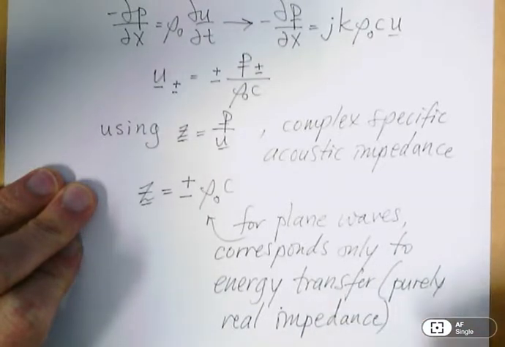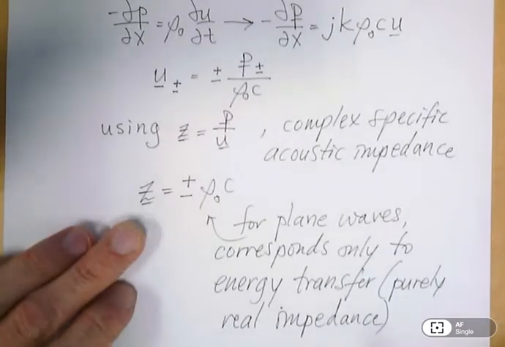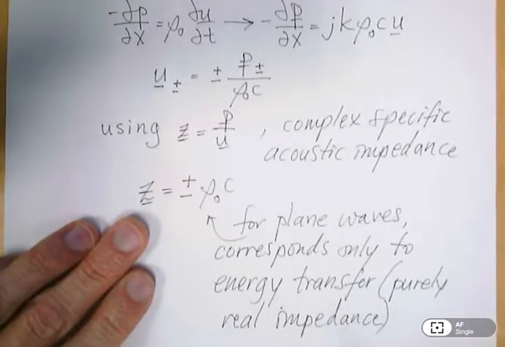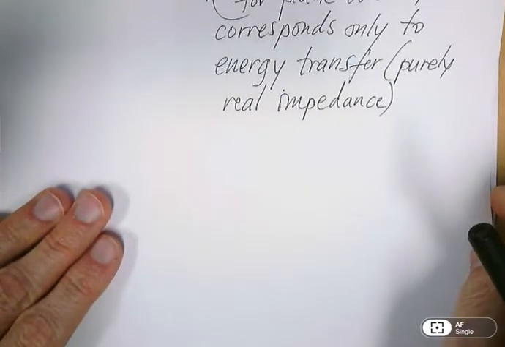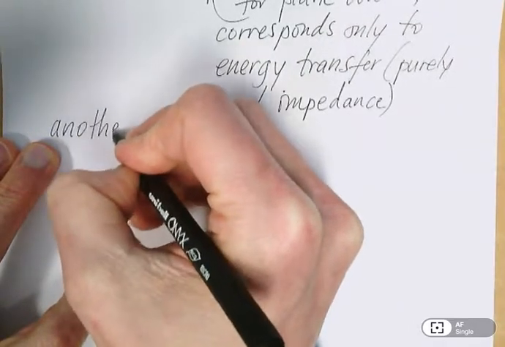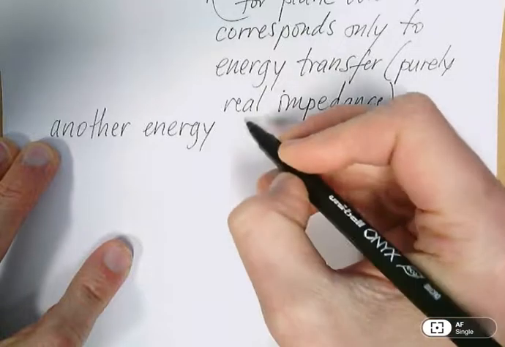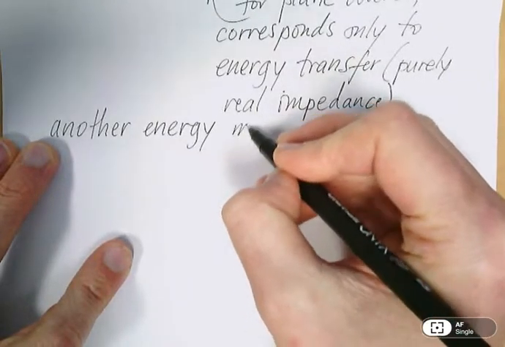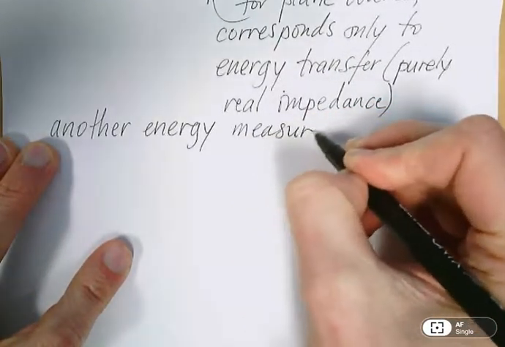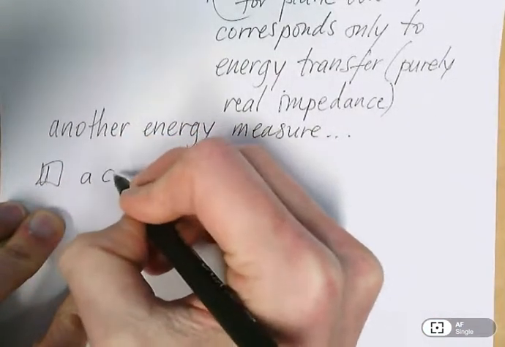And impedance is not the only important energetic measure in acoustics. There's another that we'll introduce right now. Another energy measure in acoustics, used in many practices, especially noise control, called acoustic intensity.